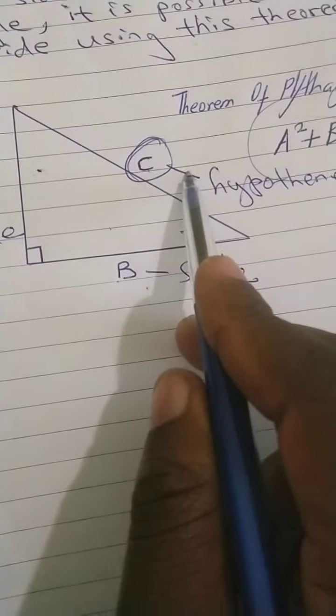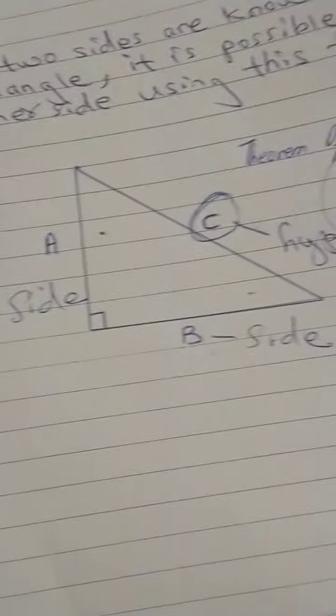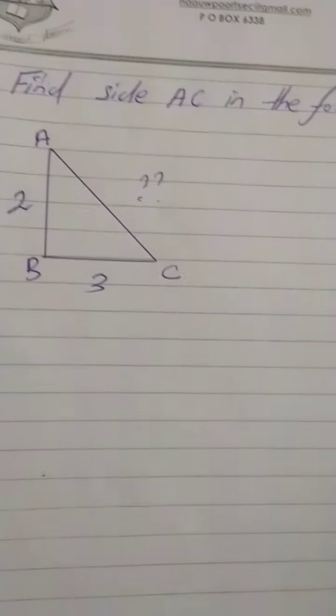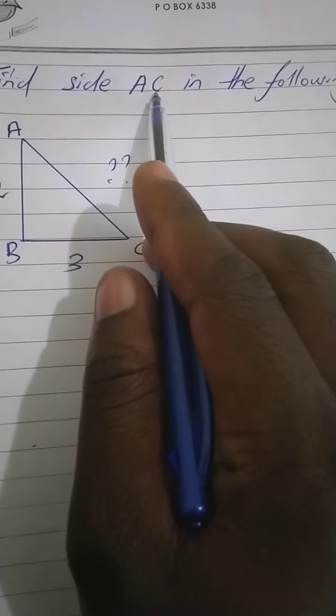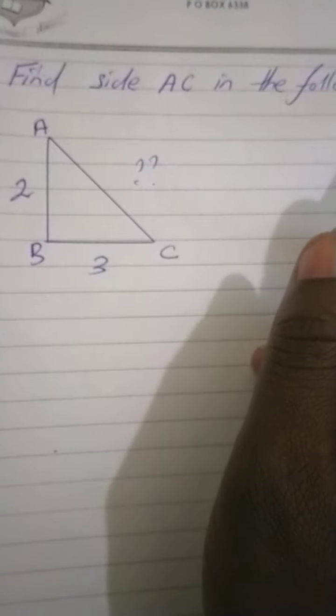So this is side A, side B, and side C. So let us do one example on finding a side. So let's find side AC in a right angle triangle.